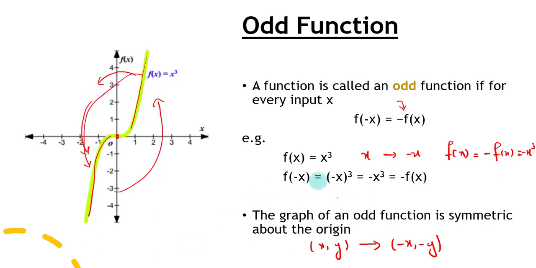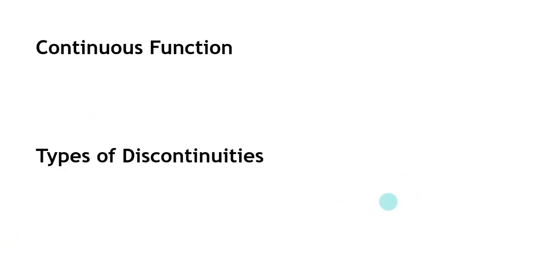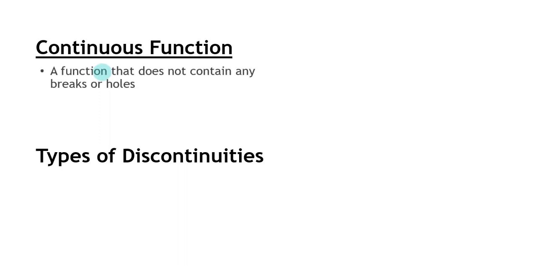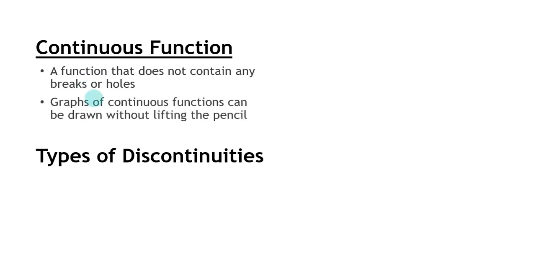So let's talk about continuous functions and the different kinds of discontinuity that we see in our functions. Simply speaking, a continuous function is a function that does not have any breaks or holes in it. If you are drawing it, you can draw it without lifting your pencil.